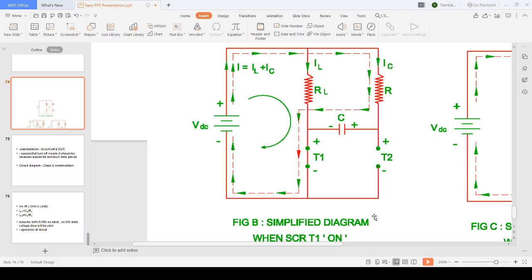Now in this case, initially SCR1, or thyristor T1, is triggered. Listen carefully. At the initial instant, SCR1 is triggered, so it will be turned on.